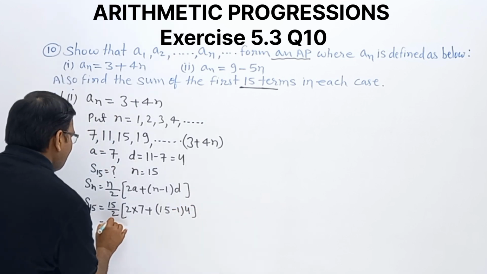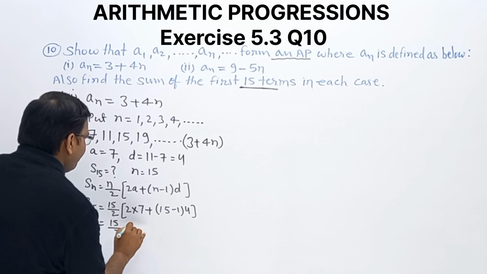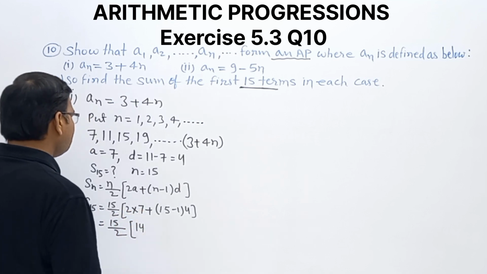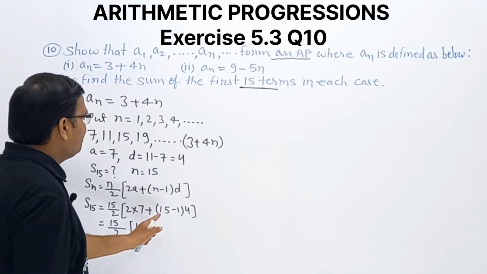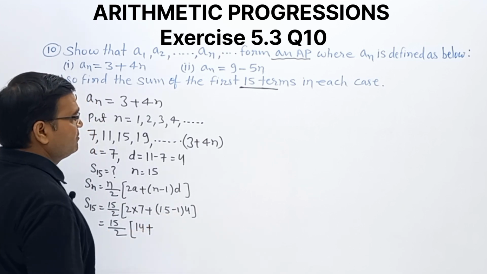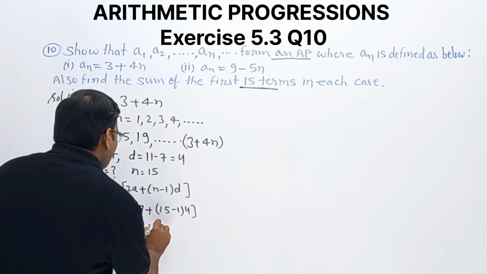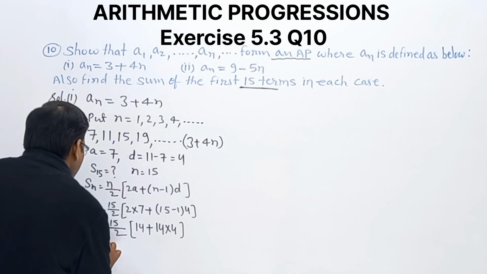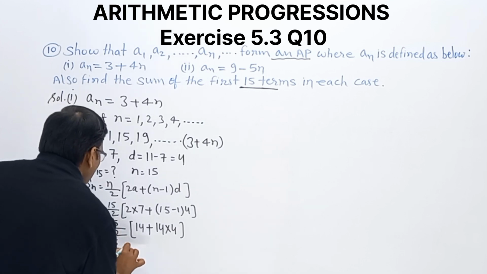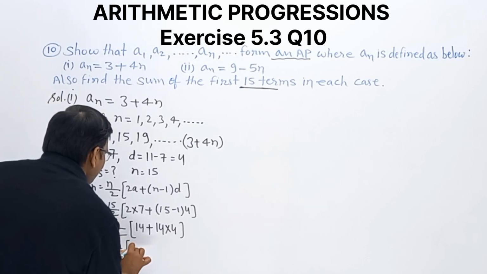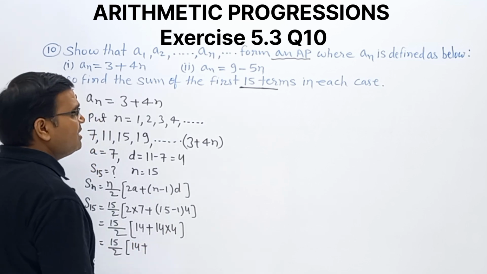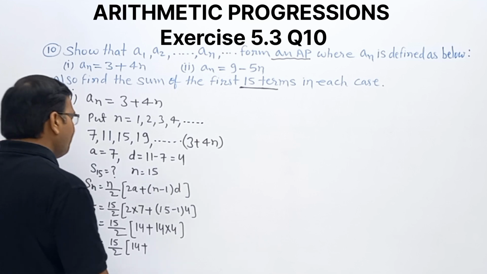Solve this: 15 by 2 into 2 sevens are 14, plus 15 minus 1 is 14, into 4. So we are getting 15 by 2 into 14 plus 14 fours are 56.